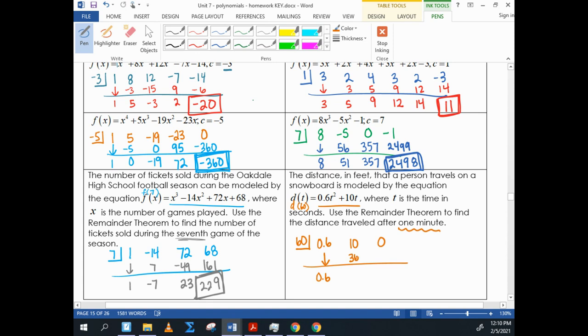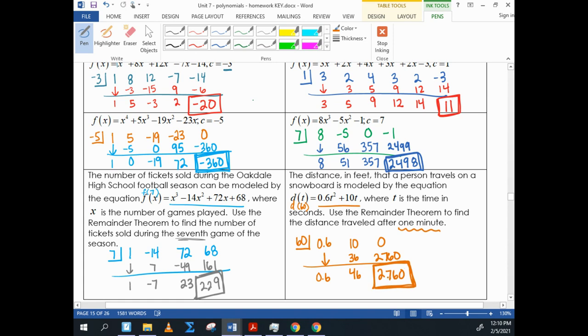Oops, 36 plus 10 is 46. 46 times 60 is 2,760, which means we have gone 2,760 feet.